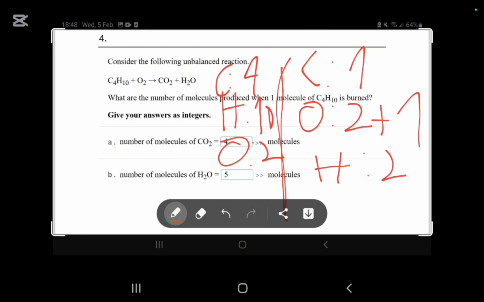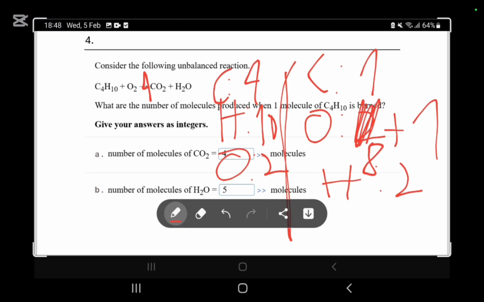First, let's balance the carbon by making this 4, which means this will be, instead of 2, 8 plus 1, right? Okay, so now we balanced the carbon, right? Okay.